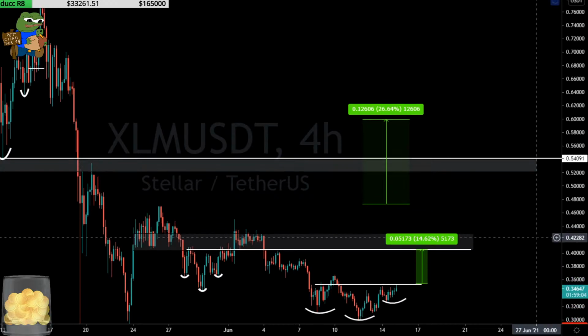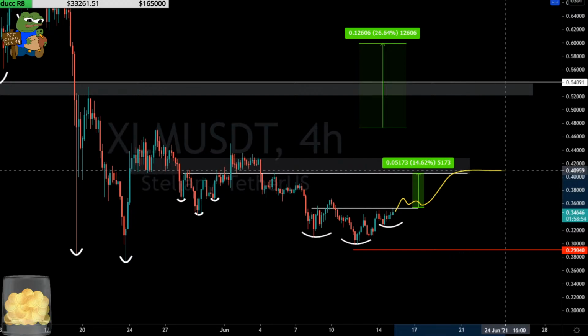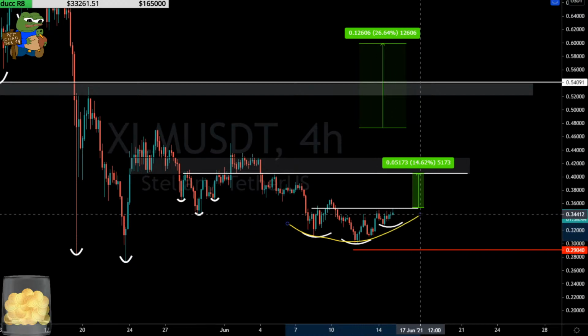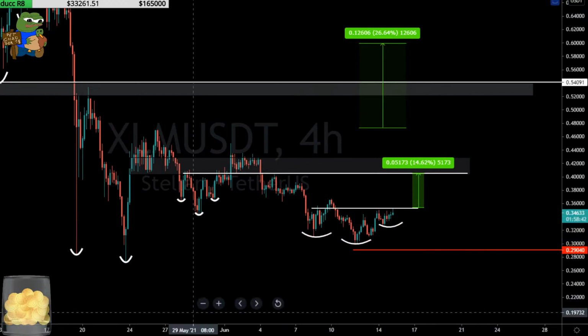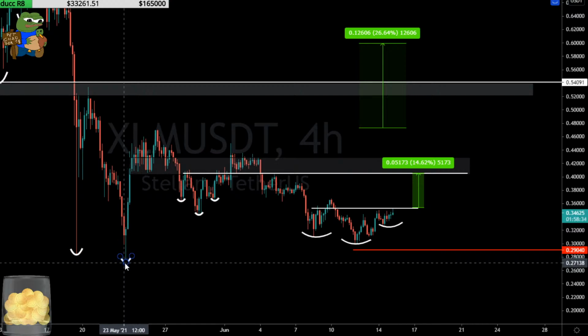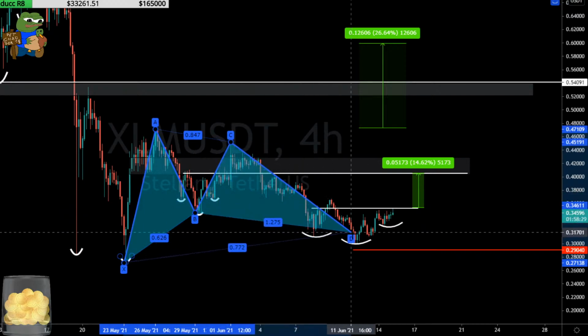XLM, Stellar Lumens. Okay, so looking to break above this little neckline area here and regard this as support. If so, you could maybe see 40 cents. Again, this is saying Bitcoin's playing ball still and isn't selling off, right? But a much nicer inverse head and shoulders on the lower time frame structure here. Also, it kind of made this bottom area of a decent little XA B, C, D pattern.